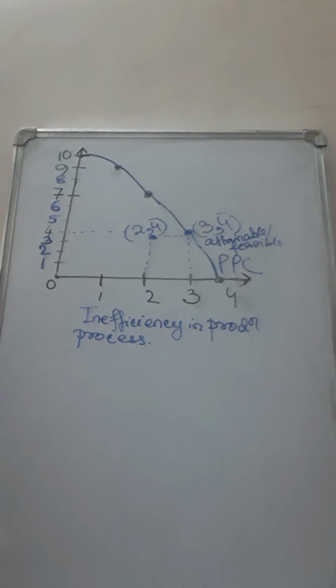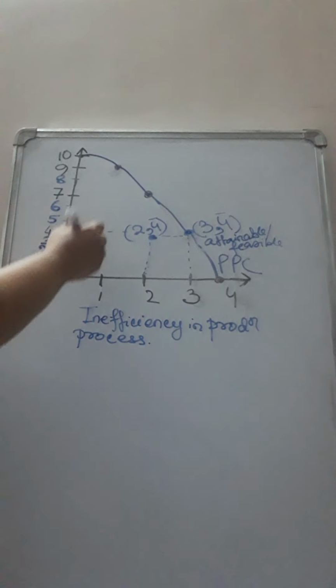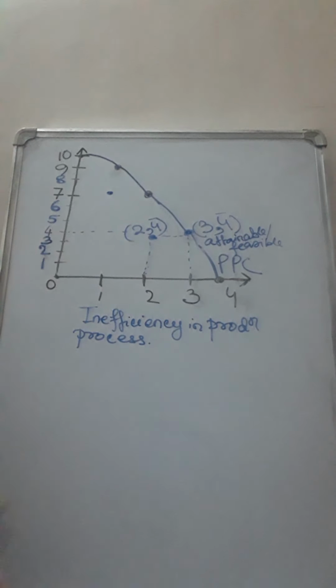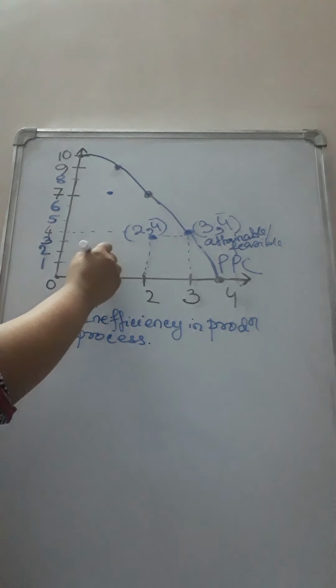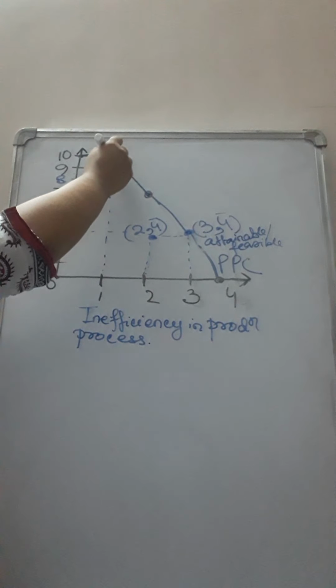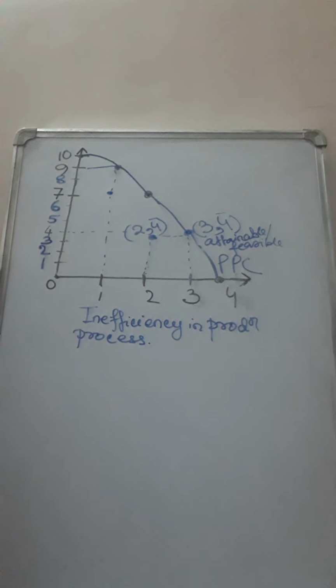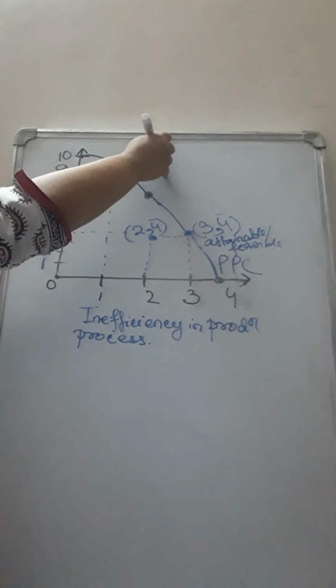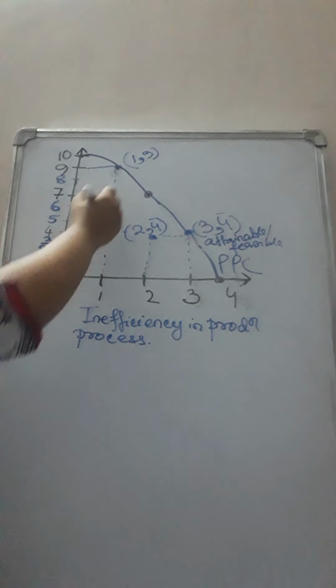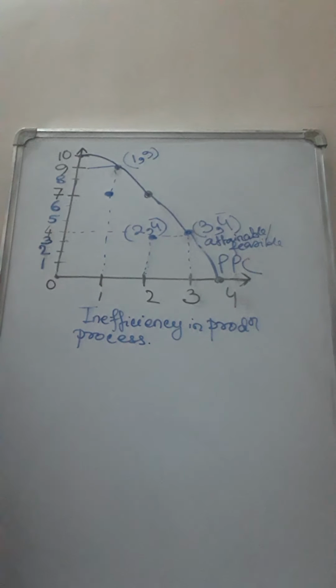Suppose the production happens somewhere at this point, what does it indicate? How much production is possible? With 1 unit of X you can produce 9 units of Y. So this is the production possible. But if you produce at any interior point, what happens?